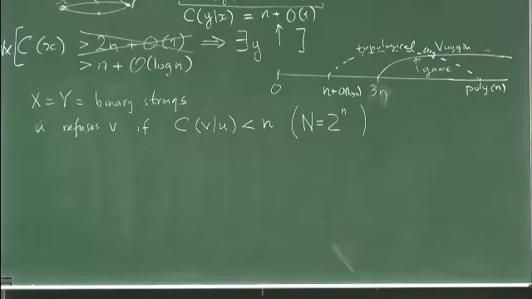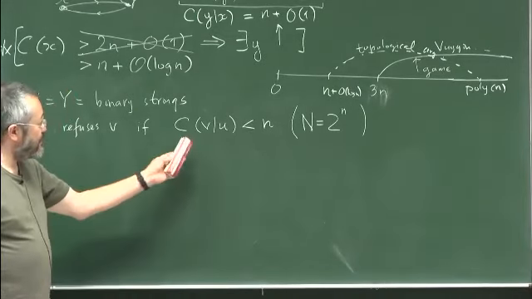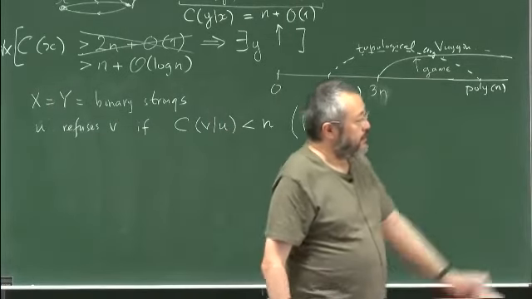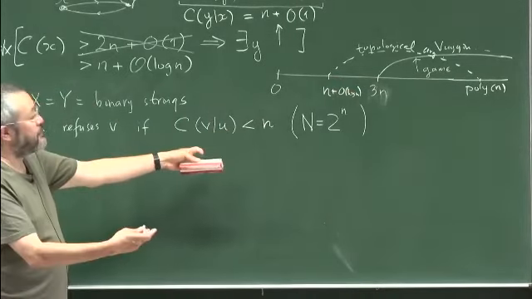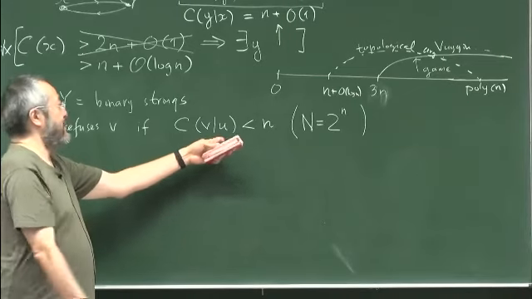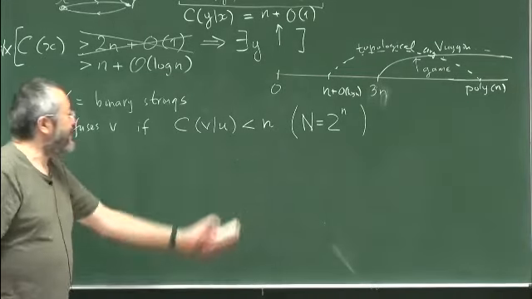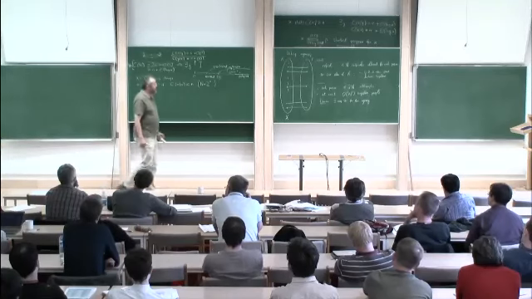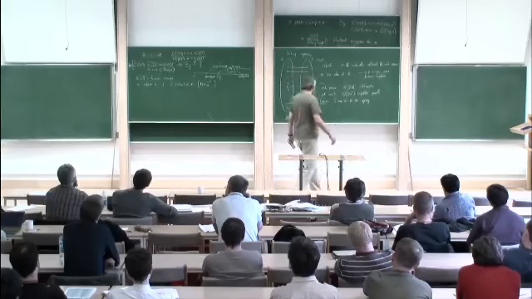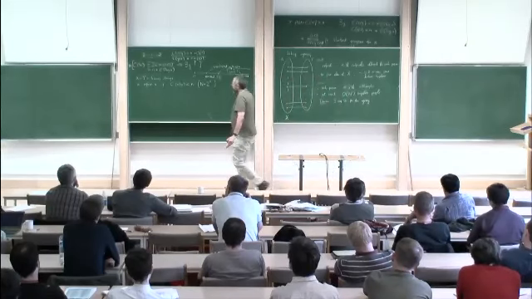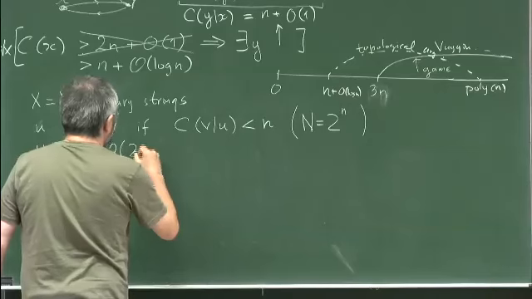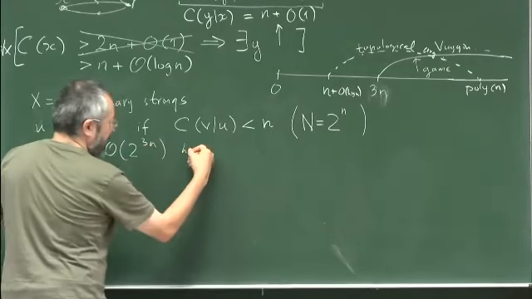They just try all the programs, and when they find a short program, they see that the complexity is less than n. They refuse. Of course, they look at the program for the current partner. So if they find that the partner is simple, then they send a refusal. So there are O of 2 to the 3n hopeless people.